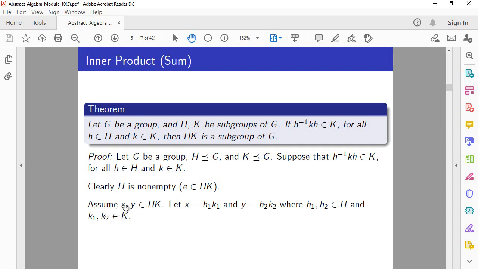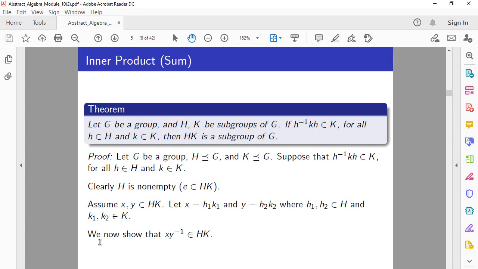Now, assume that X and Y belong to the inner product HK. Well, then we can write X as H1 K1, where H1 belongs to H and K1 belongs to K, and we can also write Y as H2 K2, where H2 is in H and K2 is in K. Again, that's by definition of the inner product HK.